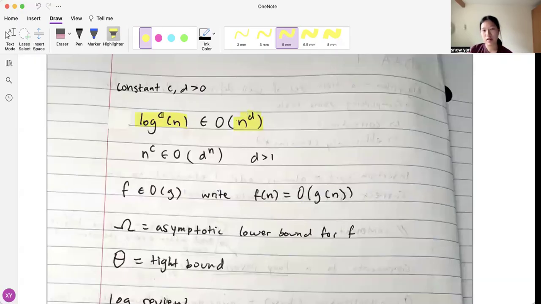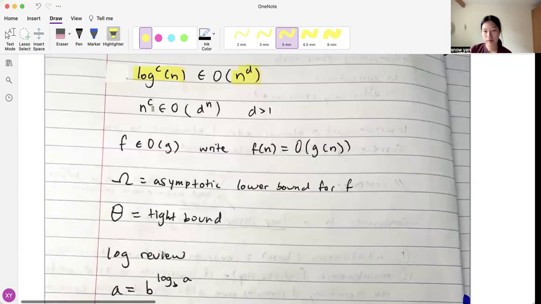And for instance, n to the c is part of the set O of d to the n, because if you have a polynomial versus an exponential, obviously the exponential is greater, so the O captures that. So basically, f of n is equal to this. We can just say it's part of this set, or simplify and write it as equals.